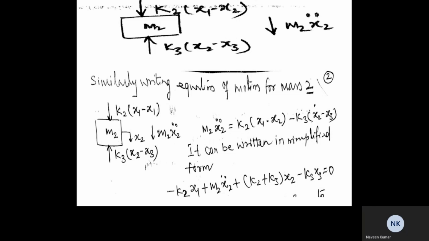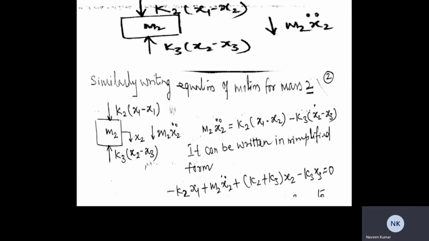Similarly, for mass 3, we can write minus k3, the spring coefficient of the upper spring, multiplied by the displacement of the upper mass, plus m3 into x3 double dot plus (k3 plus k4) into x3 minus k4 x4. This equation can be easily derived in a similar way as we derived it for mass 2.